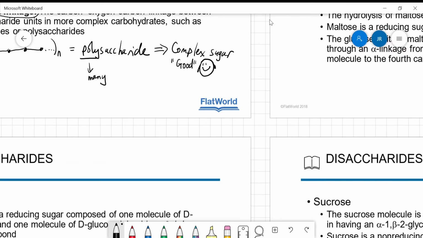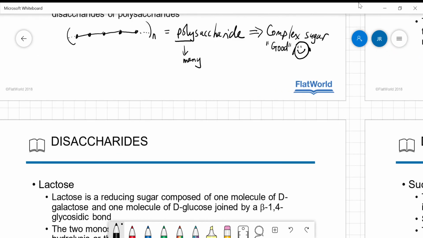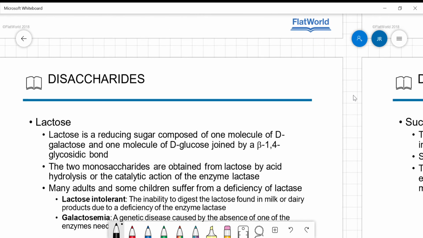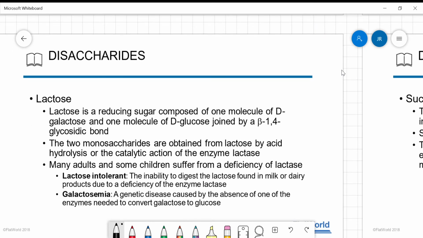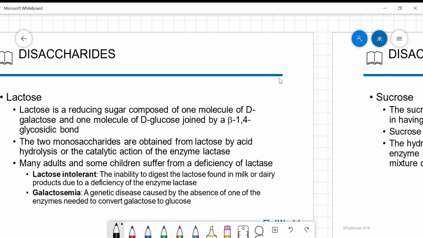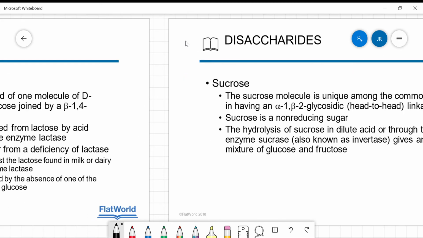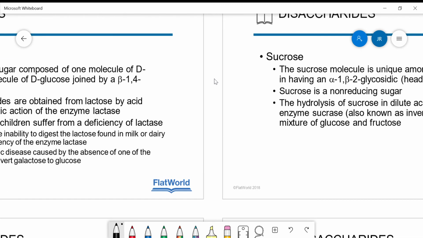Alright, that slide looks like we don't need it. So I'm skipping over some of these slides. You know, my students have these slides. They just tell you some important stuff about disaccharides. We really don't need it.